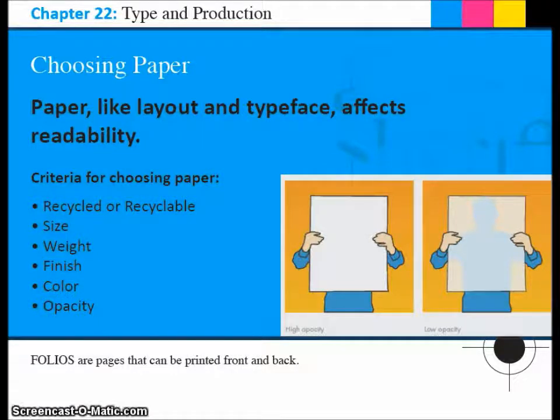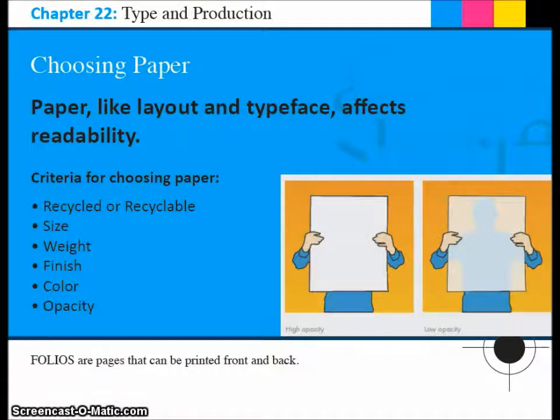The color of the paper and the opacity, which is illustrated in this photo, about how thin the paper can be. The reason these things are important is, first of all, it affects the price, but it can also affect readability, because if you've ever tried to read a book that had paper that was too thin and you see the words coming through from the other side, it can obscure some of the words that you're trying to read on the page that you're currently on.